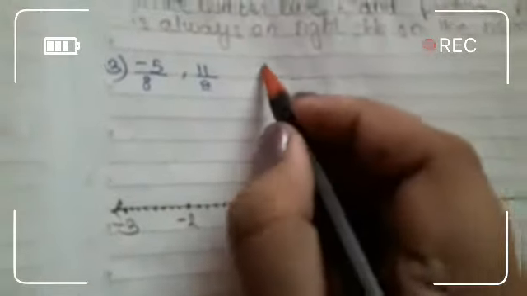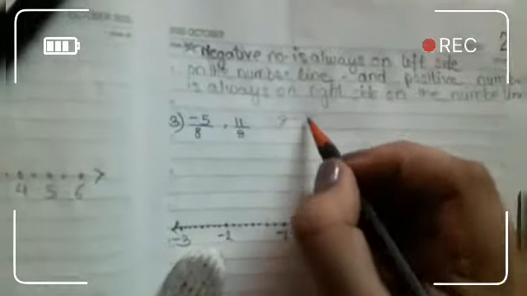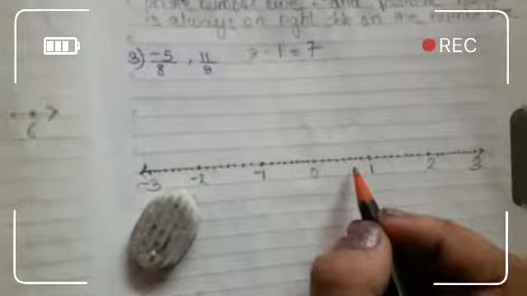So as per the rule I have drawn 8 minus 1 equals 7.